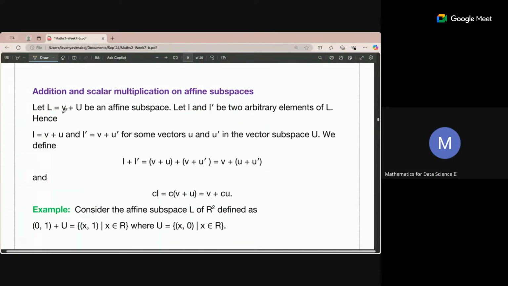Let L equal V plus U be an affine subspace. Let L and L dash be two arbitrary elements of L. So we are taking just two elements from L, and we are going to see what the sum of these elements is.